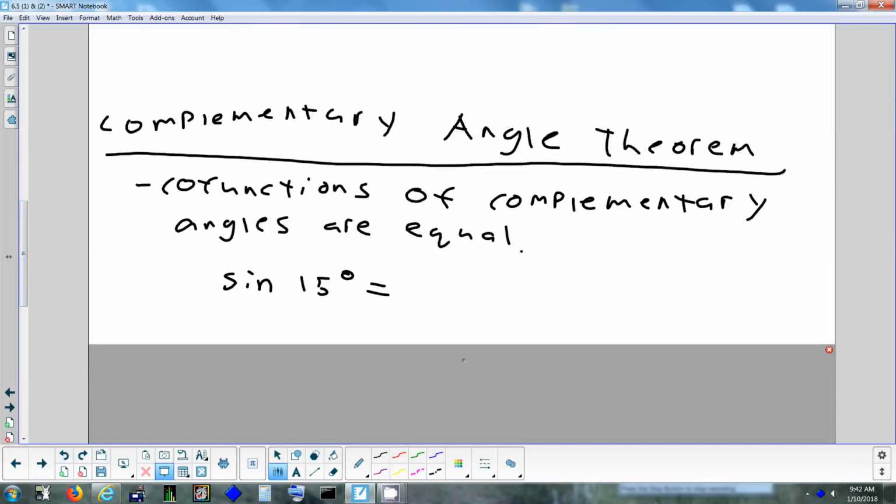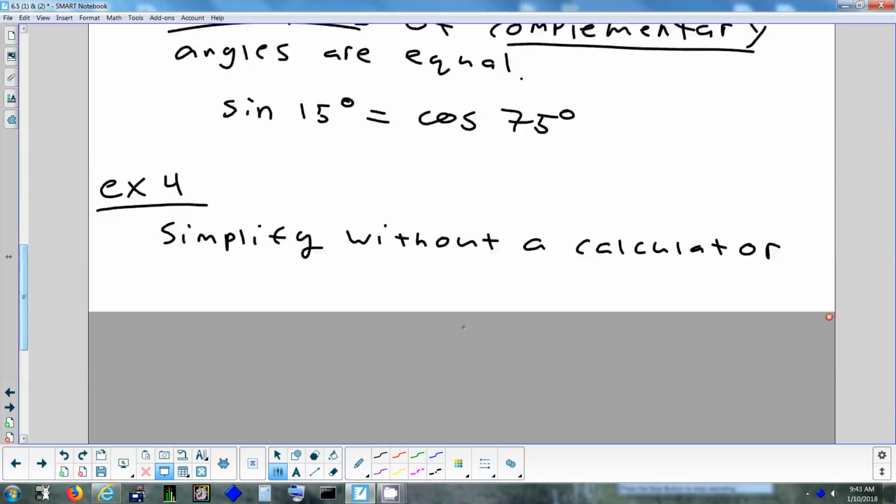Using the complementary angle theorem, can somebody tell me what the sine of 15 would be the same as? Not quite. Oh, cosine. The cosine of 75. Sine and cosine are cofunctions. 15 and 75, complements.